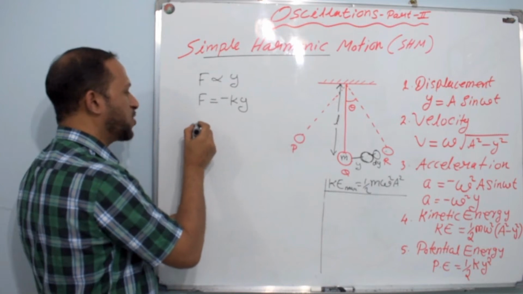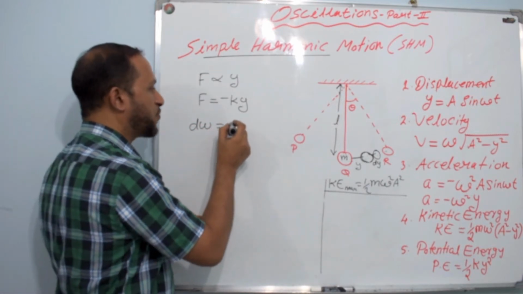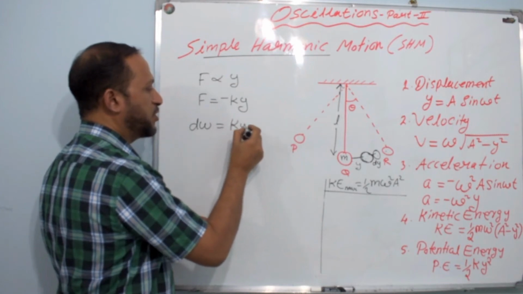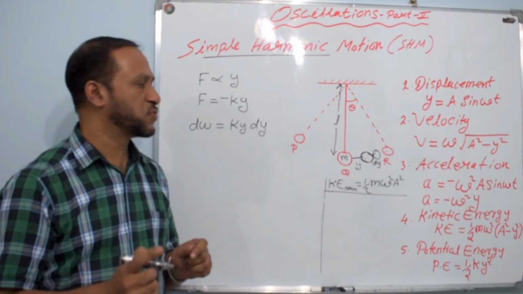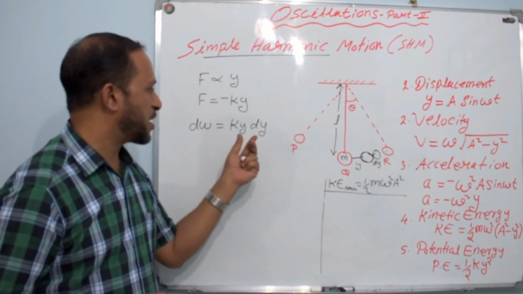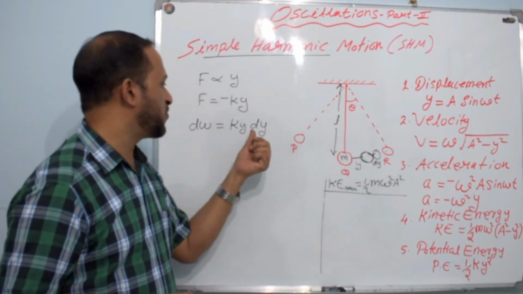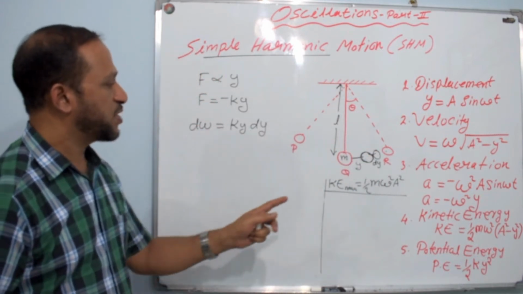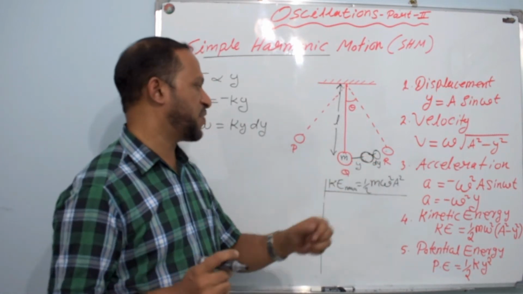So the small amount of work done, dW, is equal to the applied force plus ky into displacement dy. Work done is equal to force into displacement. So ky is the small amount of force applied and dy is the displacement. Ky into dy is a small amount of work done in displacing the bob through an infinitesimally small displacement dy.